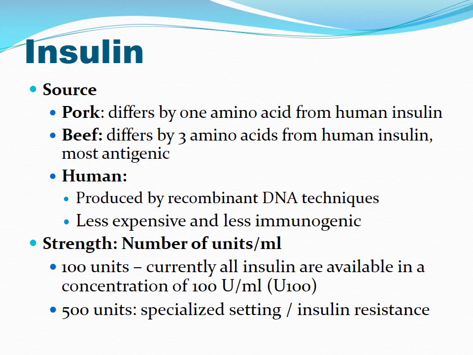So we have 3 types of insulin: pork, beef, or human. Nowadays, most of the insulin available is derived from a human source produced by DNA techniques.